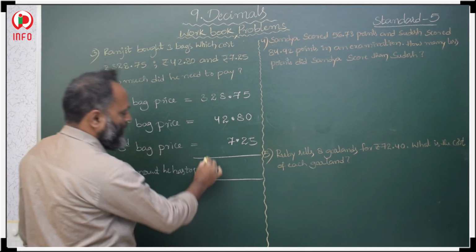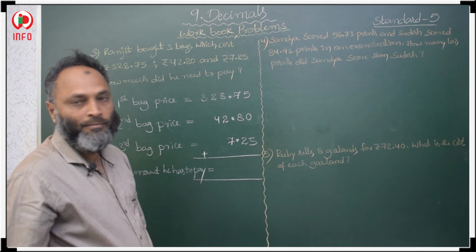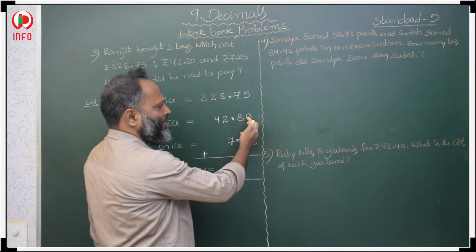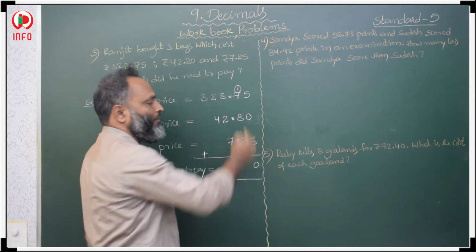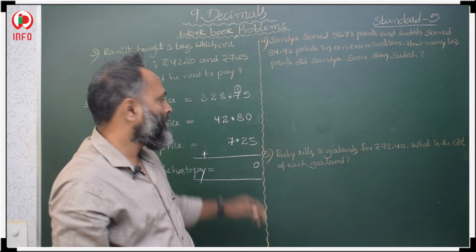is equal to, now add. Addition: 5 plus 0, 5 plus 5, 10. 0 and 1 we have to carry over to the 10th place.